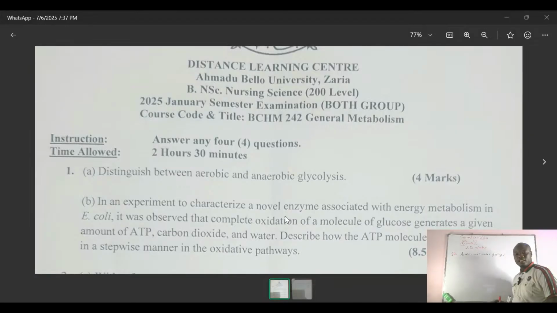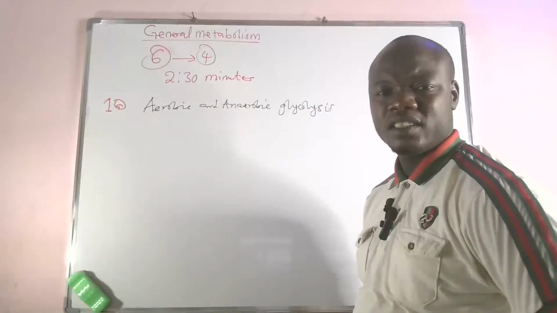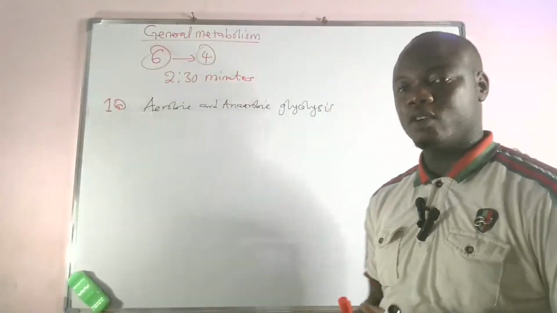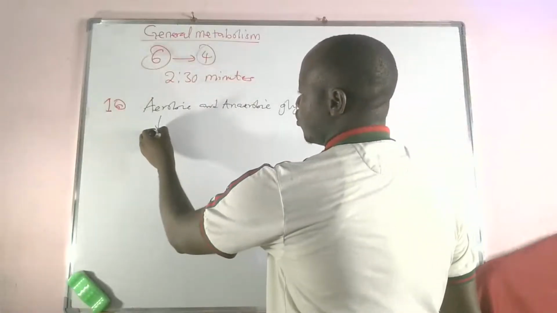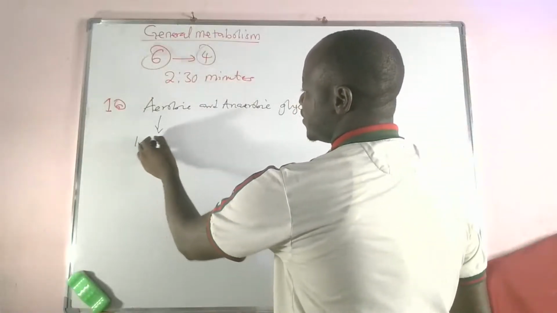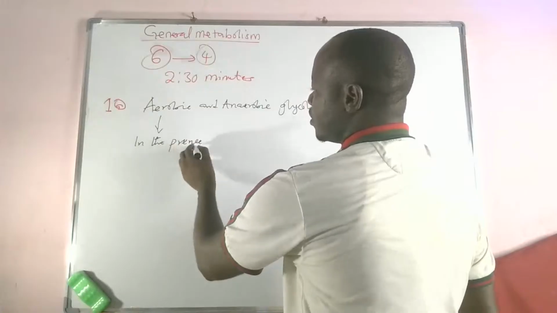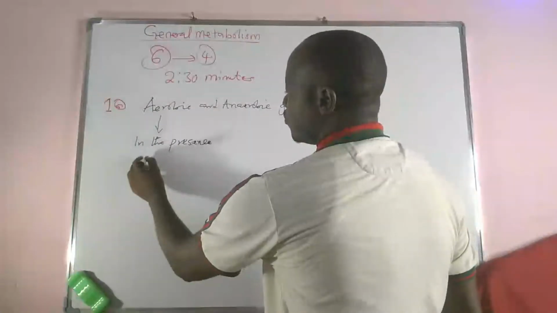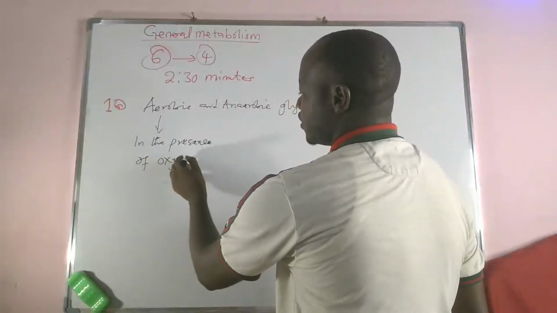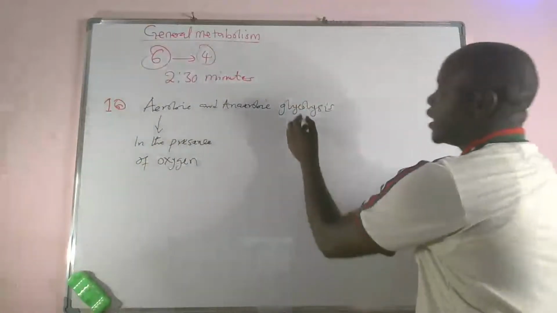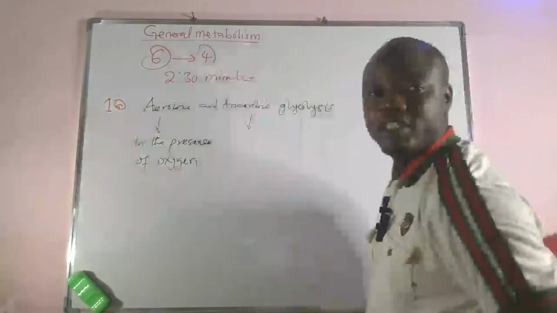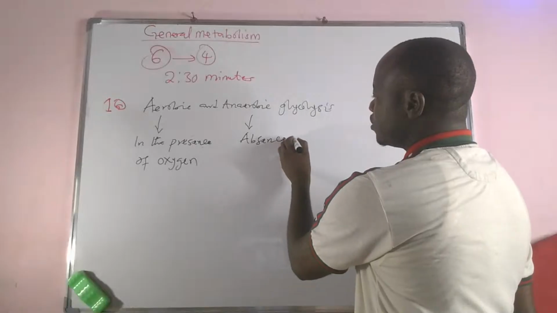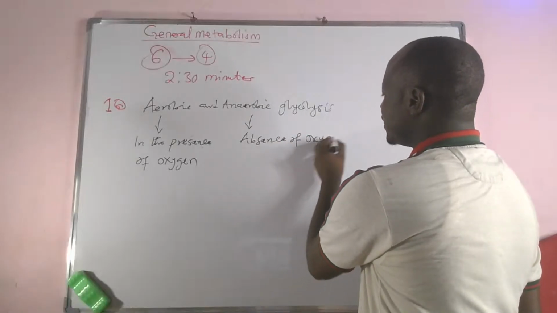I think the first thing that you need to know here, the question says we are to differentiate between aerobic and anaerobic glycolysis. And as you know, when we say aerobic, it means in the presence of oxygen. And anaerobic means in the absence of oxygen.